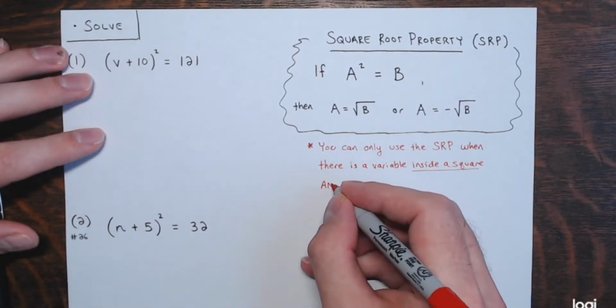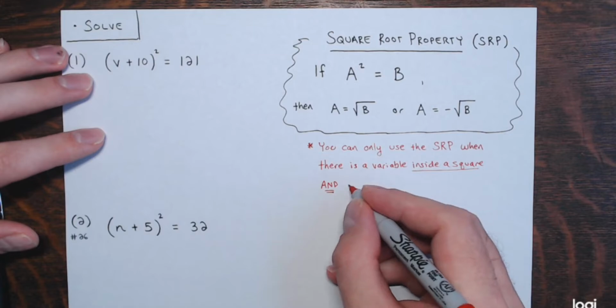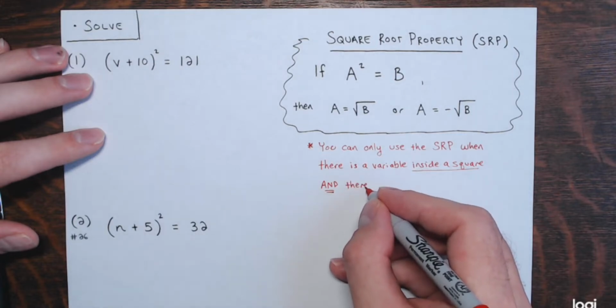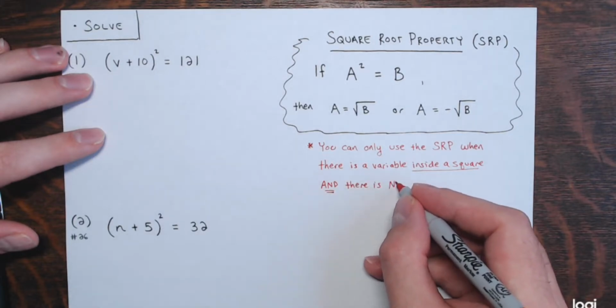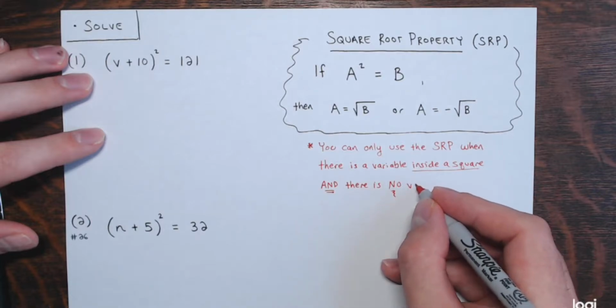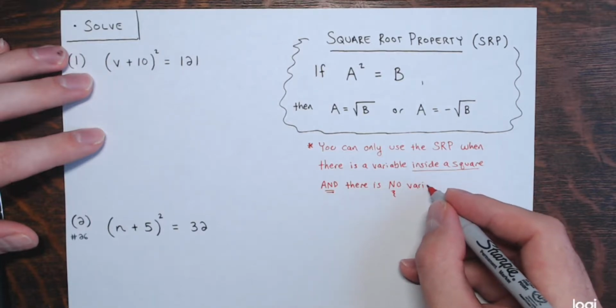And at the same time, there is no variable outside the square.